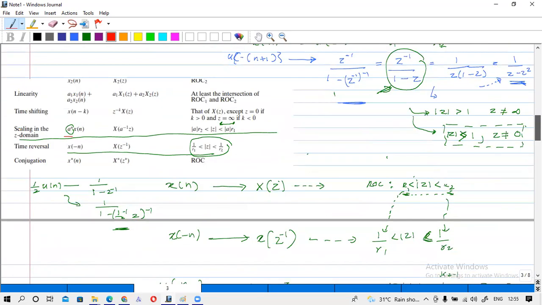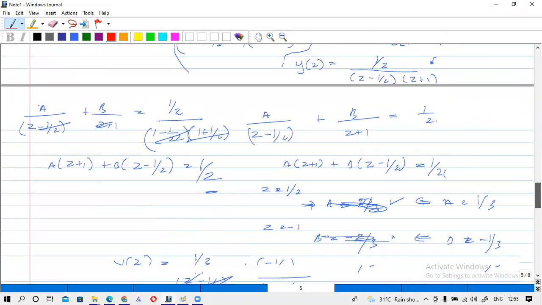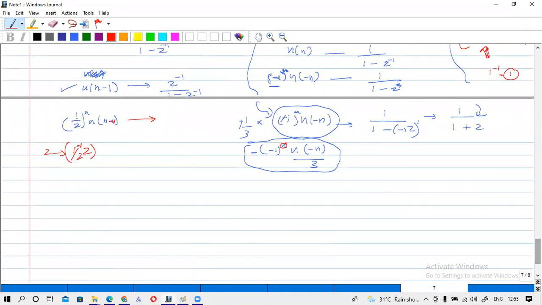Check. Here an, you have to put a minus n. That means we use (1/2)^n, so we have to use half minus n z, for all the z values. So here I have to use half minus 1 z^-1, and here I have to use 1.